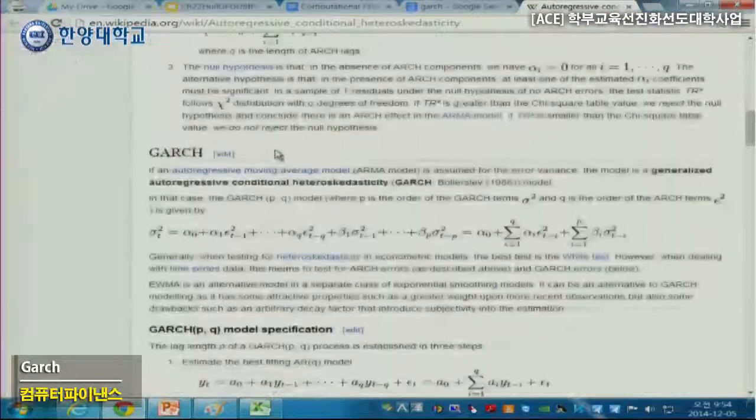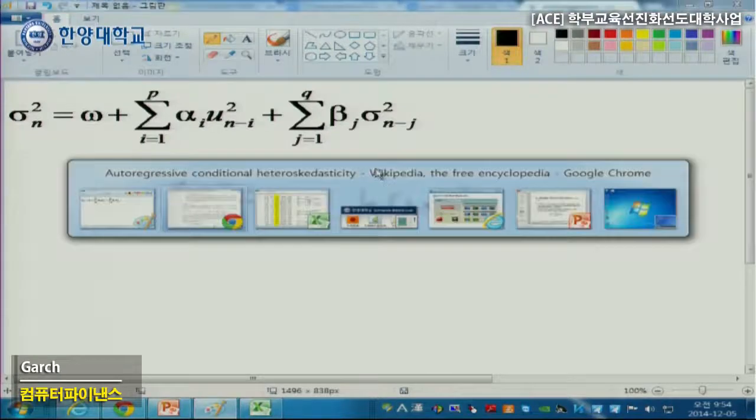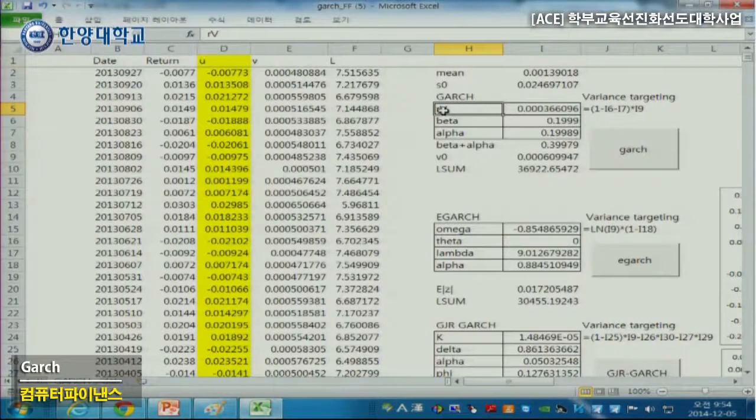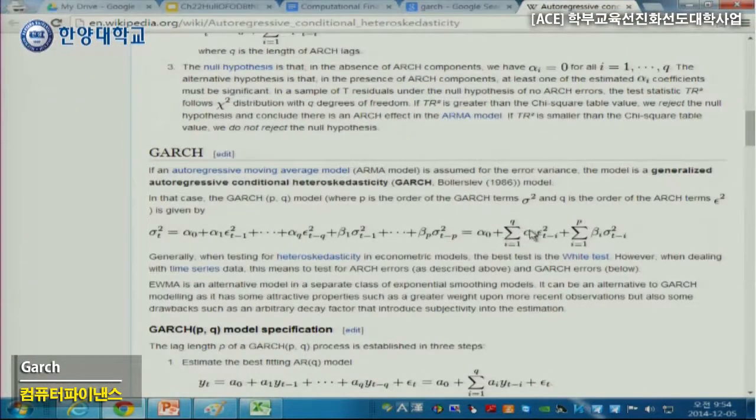The Garch model looks like alpha 0, alpha, beta. Anyway, this is alpha 0. Because the weights should sum to 1, the sum of alpha and beta should be less than 1, right?